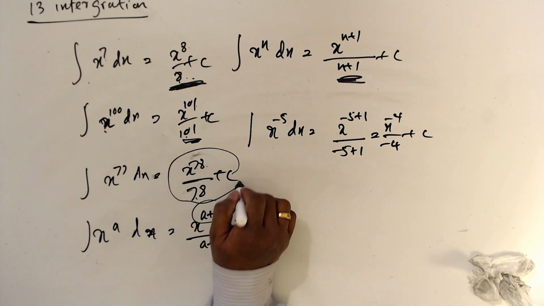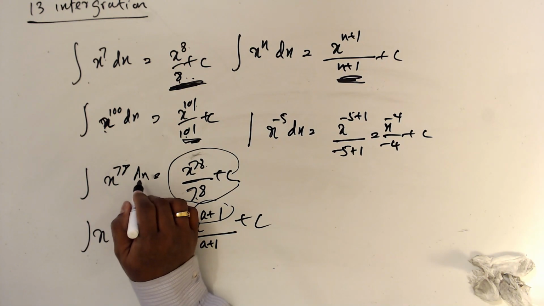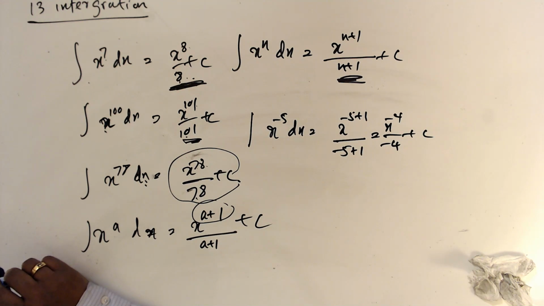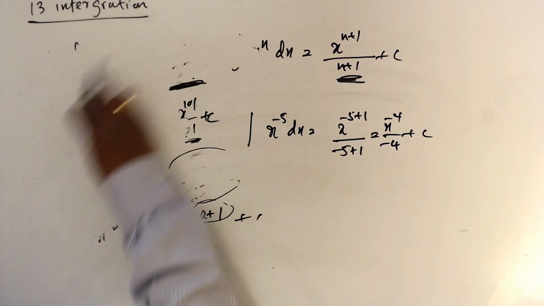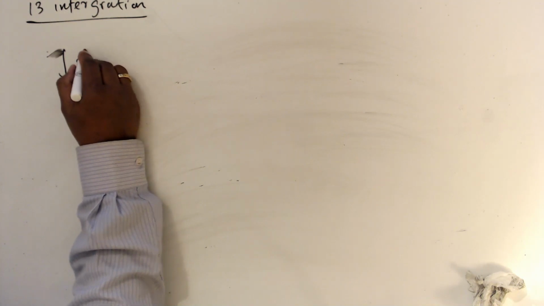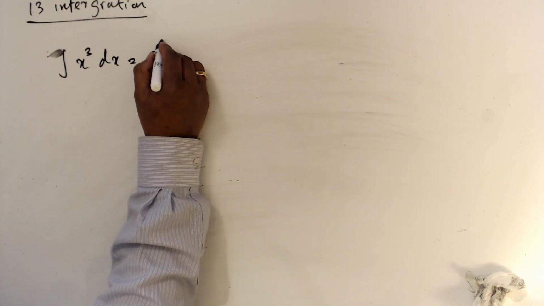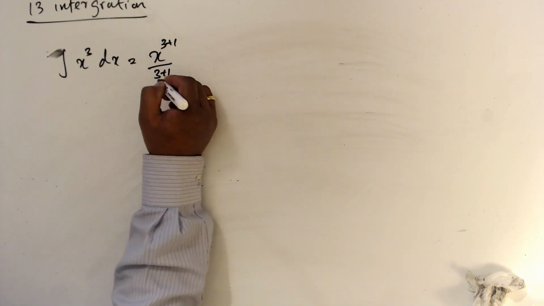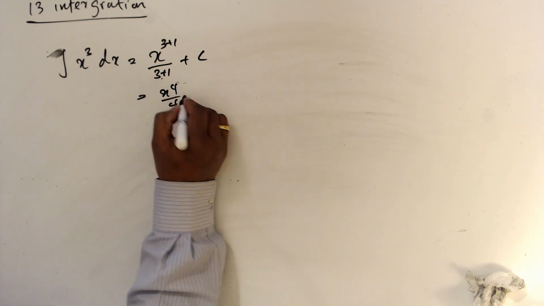This answer is the integral of x to the power 77 with respect to x. Now this is the summary basically. If we are asked to integrate x cubed dx, then your answer should be x to the power 3 plus 1, add 1 and divide by that value 4, then plus c. So if I simplify, x to the power 4 over 4 plus c.